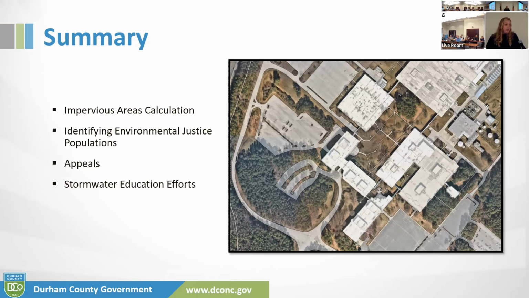The question was, when we get an appeal and they are suggesting that what we have is not what is actually there on their property. Sometimes we have them take pictures and verify that that's what their property looks like.